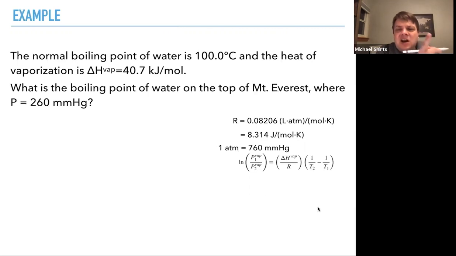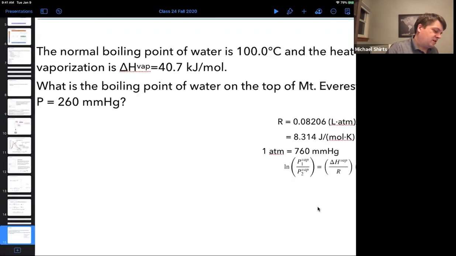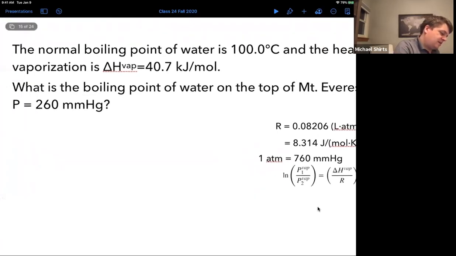It doesn't, as long as you're consistent. So I'm going to choose 260 millimeters of mercury to be P1, and P2 is 760 millimeters of mercury.